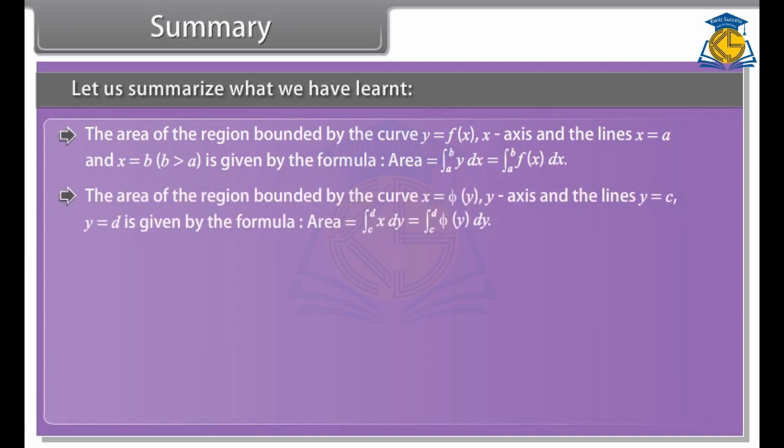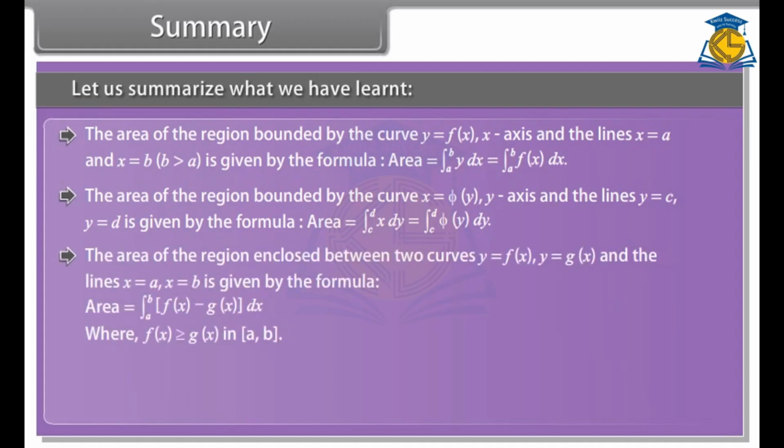The area of the region bound by the curve x equals phi of y, the y-axis, and the lines y equals c and y equals d is given by area equals integral from c to d of x with respect to y, equals integral from c to d of phi of y with respect to y.